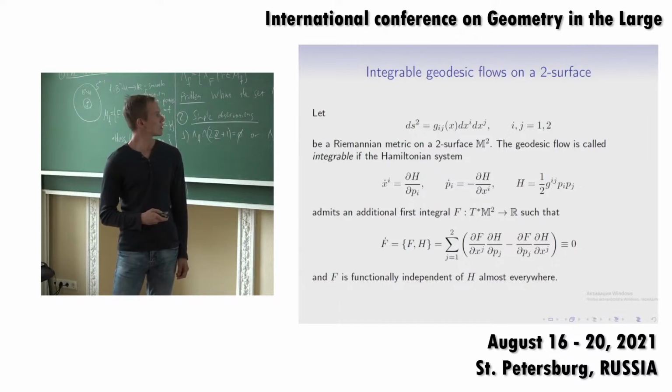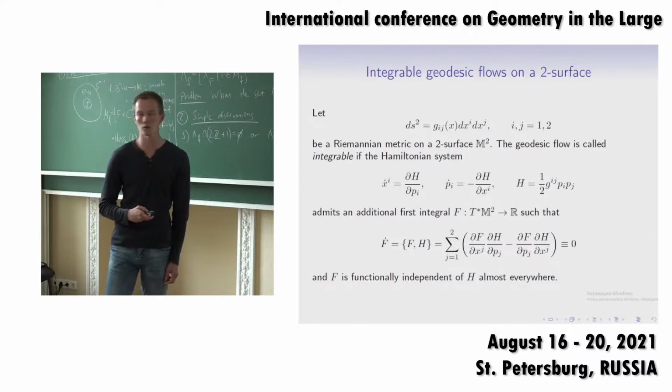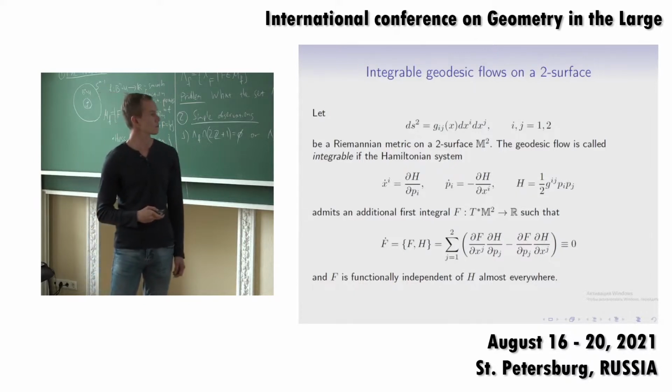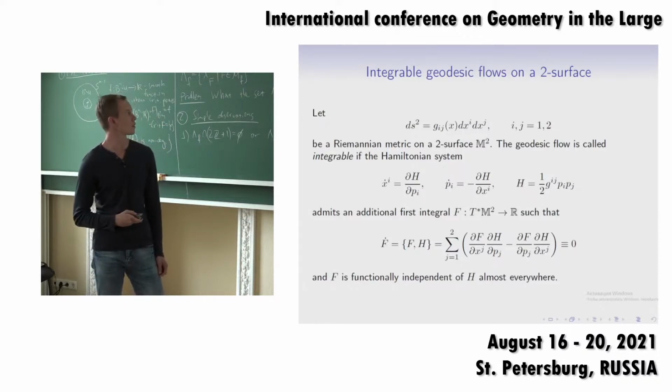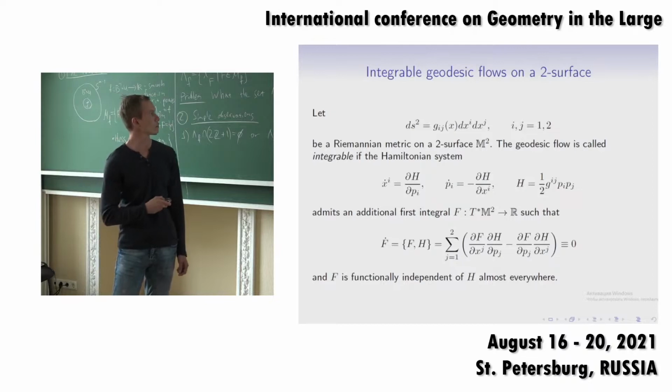In this case, the Hamiltonian doesn't depend on time explicitly, so of course it is conserved. It is a first integral itself. So for complete integrability, we need just one more first integral, f. And if the system is completely integrable, then the equations of motion can be integrated in quadratures.